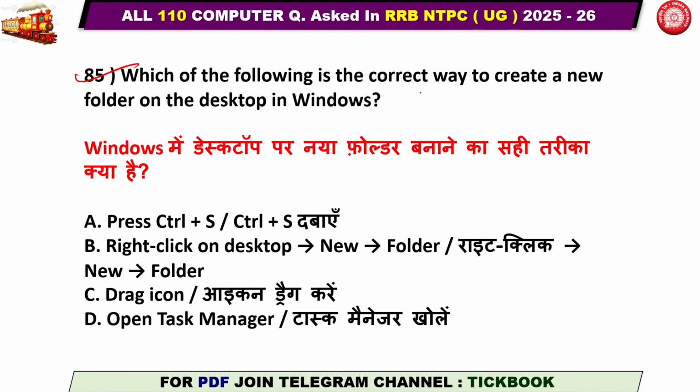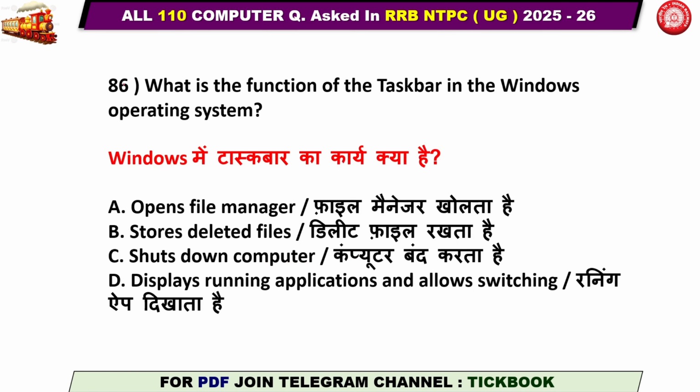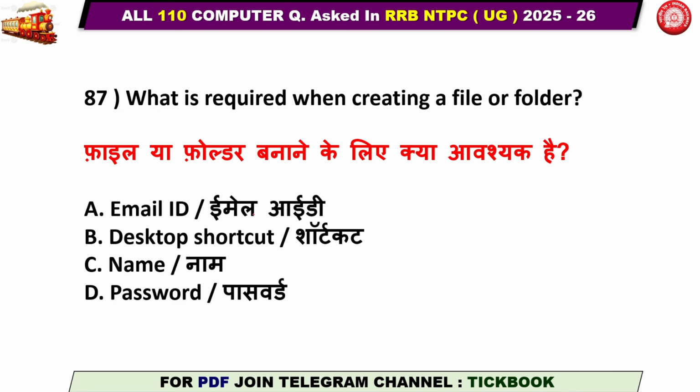85. Which of the following is the correct way to create a new folder on the desktop in Windows? Option number B, right click on desktop, then new and then folder. 86. What is the function of the taskbar in the Windows operating system? Option number D, displays running applications and allows switching. 87.